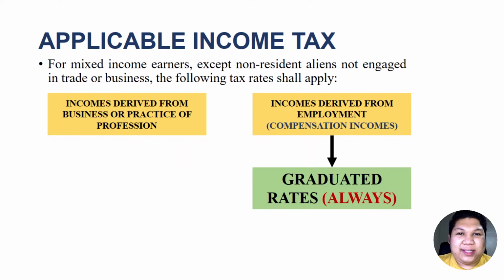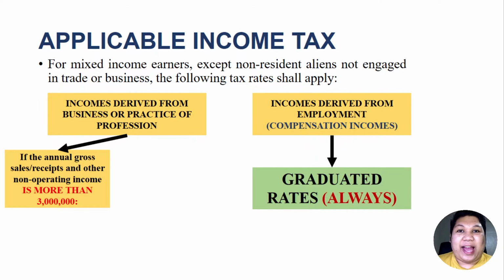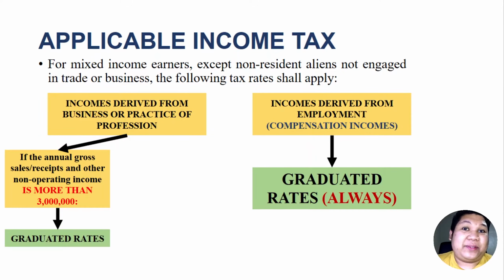Okay, so these incomes derived from business or practice of profession could be subject to either the graduated rates or the 8% optional rate. Well, it actually depends on how much is the total annual gross sales or receipts plus other operating incomes, because if the annual gross sales or receipts and other operating income exceeds 3 million, then the tax rate should be the graduated rates.